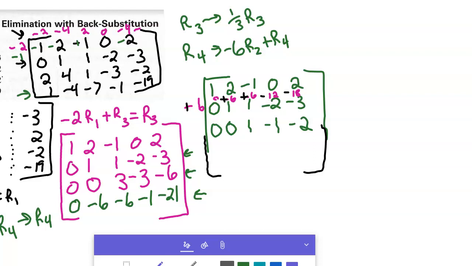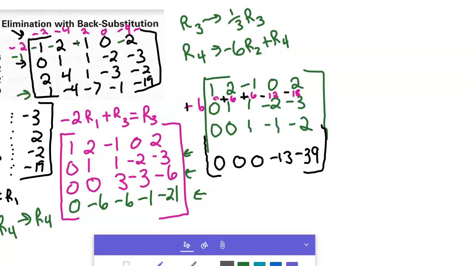So now we got 6 and -6. So we got 0. 6 and -6 would be another 0. So there's my third one. And then -12 and -1 is -13. And I'm going to check that. That's got my hackles rising. And -18 and -21, I was going to put an equal sign there, but negative, so 39.